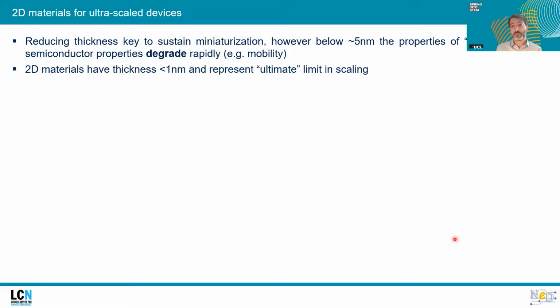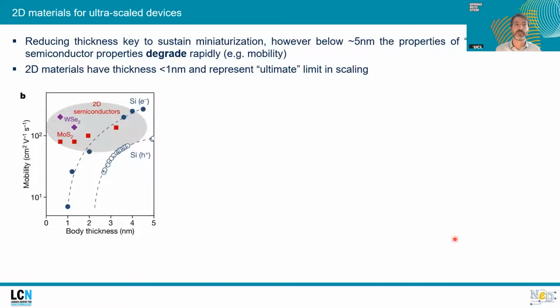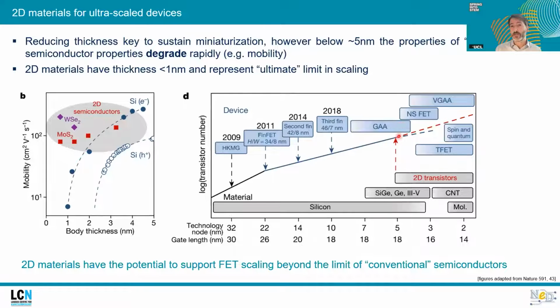And that's where 2D materials really can play a significant role, because they can scale down without the degradation that happens in conventional materials. We can see, for example, an important parameter called electron mobility, and we can see that two-dimensional materials, already in the very early stage of research, are significantly better than conventional semiconductors. And indeed, it is predicted that 2D materials could sustain the scalability of conventional semiconductors.